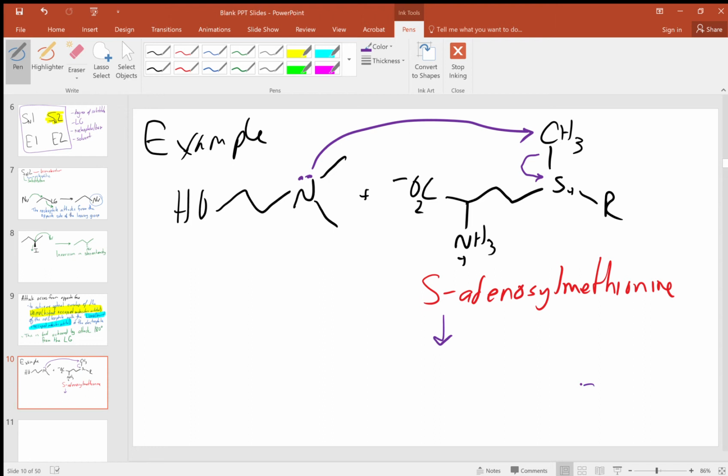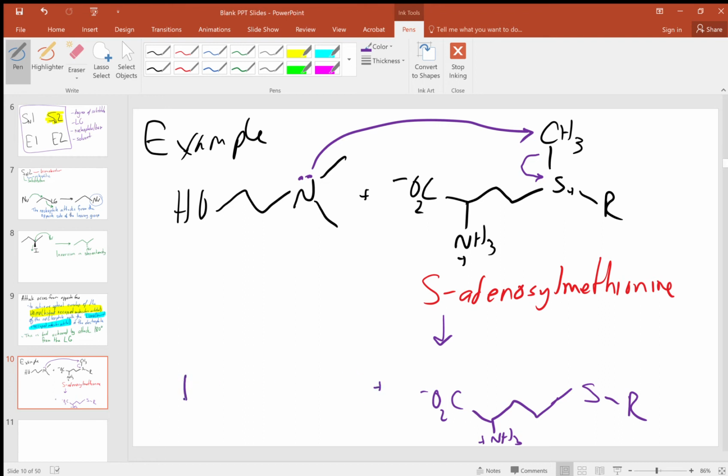Our leaving group, being neutral, will actually be fairly stable. We'll talk about later on what makes for a good leaving group versus a bad leaving group.